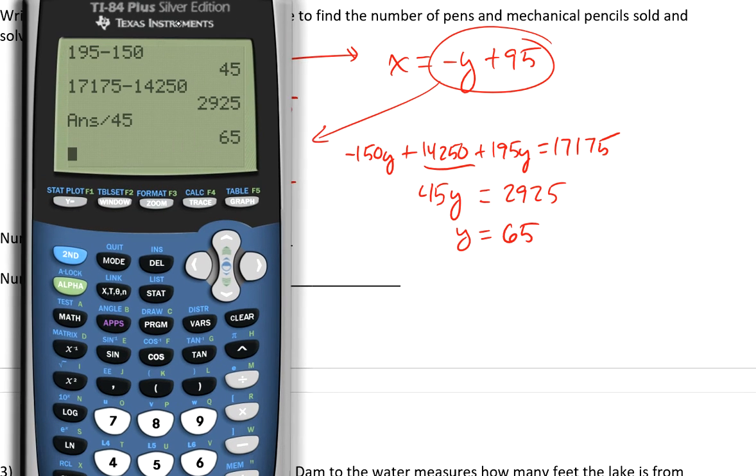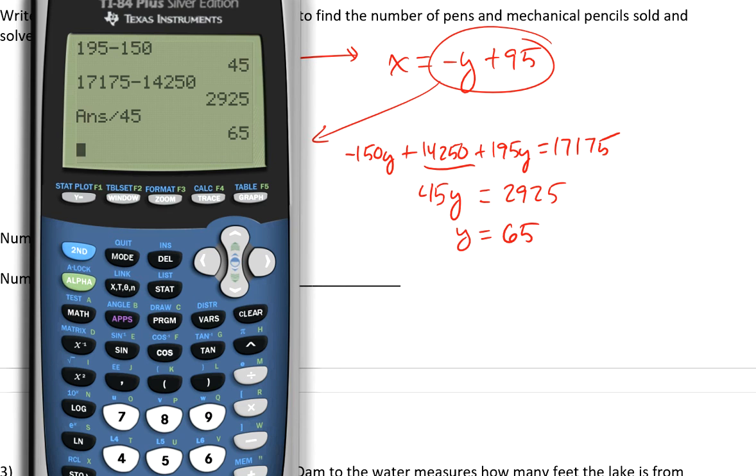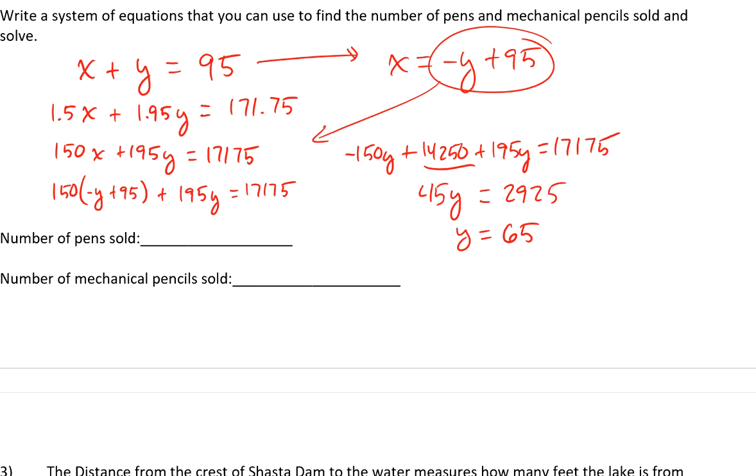Or they just have to add up to 95. So I'm just going to take 95 and subtract the 65. And it gives me that x has to equal 30. So I believe that my answer is the number of pencils was 65 and the number of pens was 30.